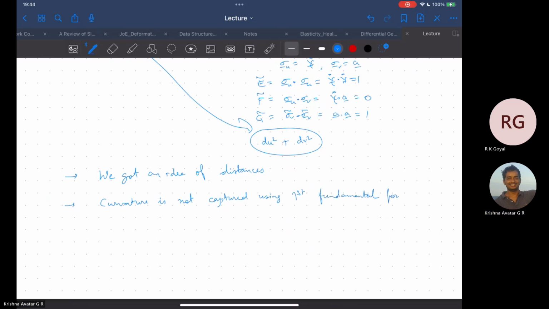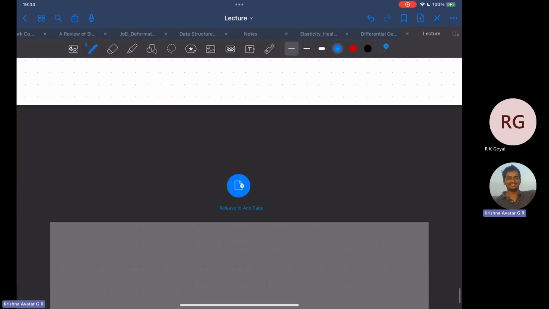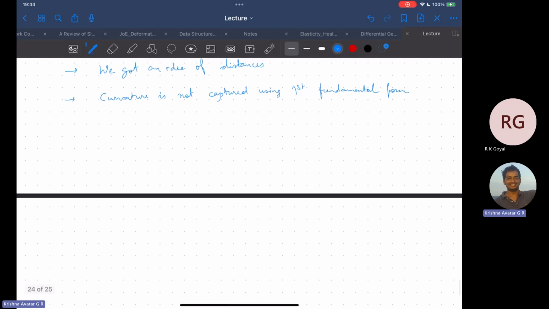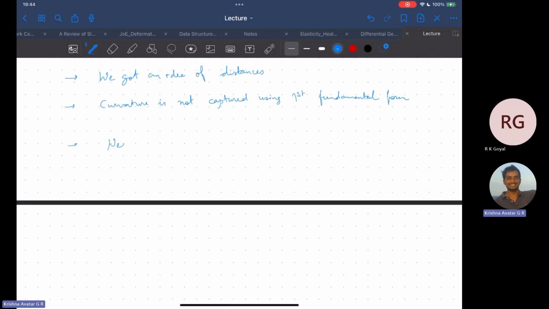So that's the reason there was the need to introduce another fundamental form which would talk about curvatures, which would measure curvatures on surfaces, and there is where we come to the second fundamental form. So here is where we see the need for the second fundamental form.